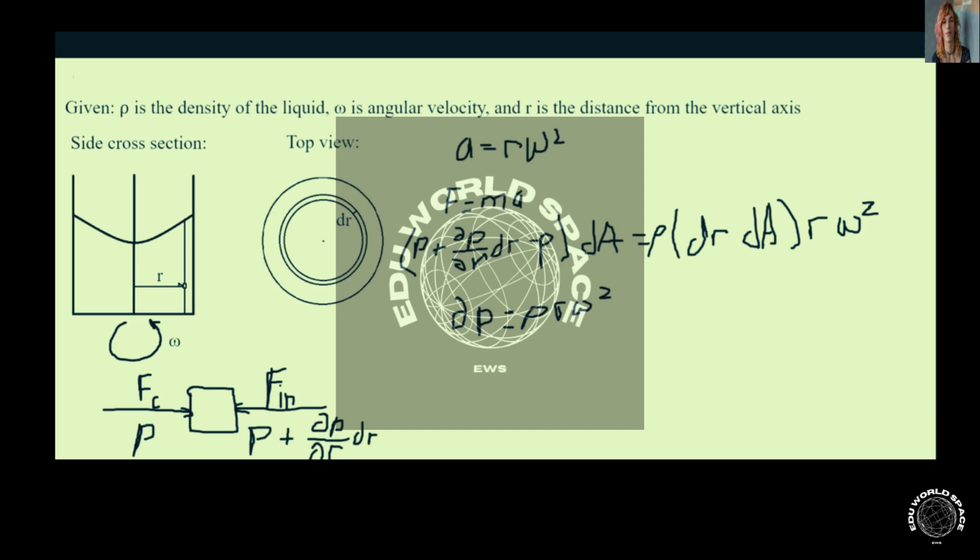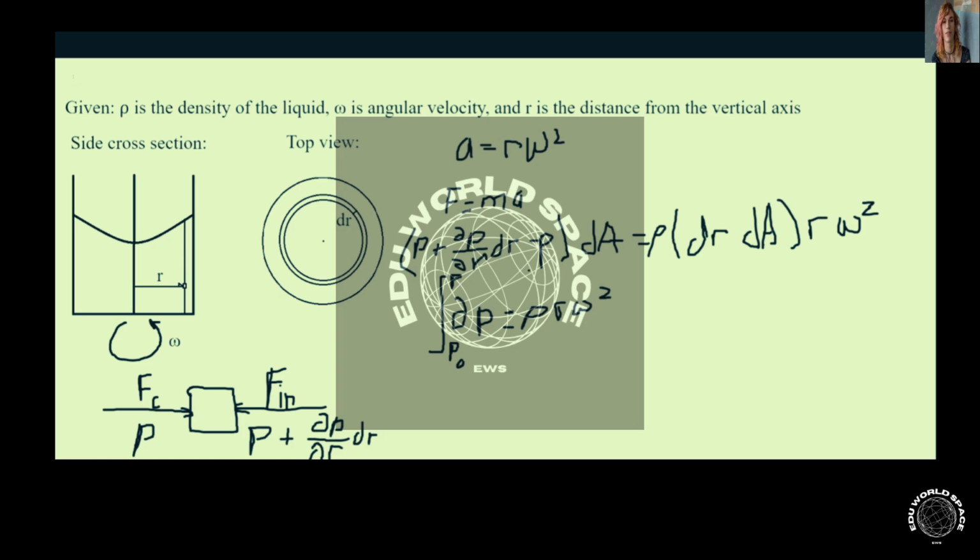On this side, we're going to be integrating from our initial pressure, which based on the problem we know is going to be P0, to our final pressure at distance r, which is going to be P.